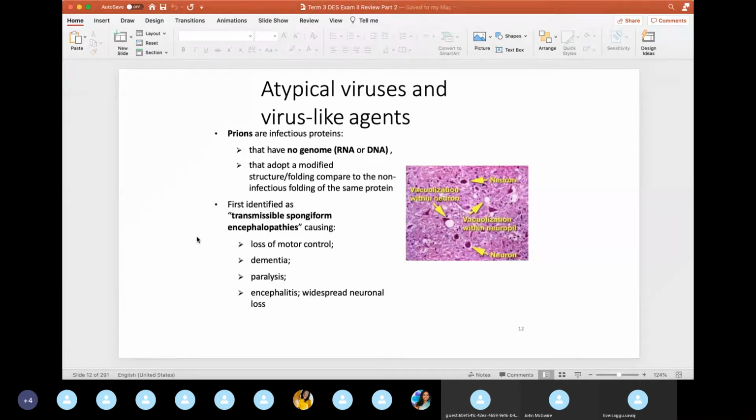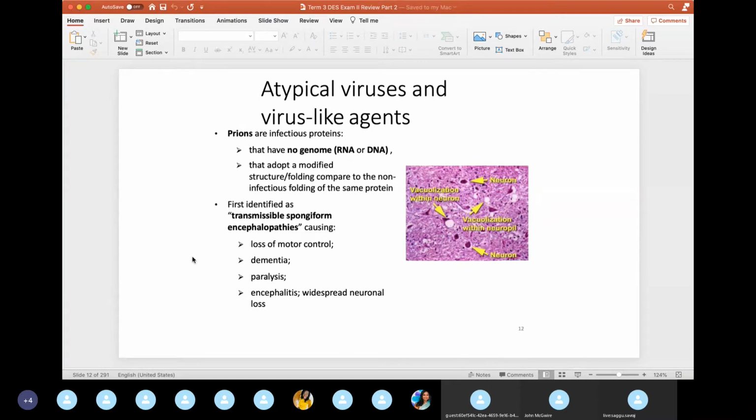Prions. Prions are infectious proteins. They have no genome, RNA, or DNA. They induce the transformation of your proteins from alpha helix to what? Beta pleated sheets. If they accumulate, they form vacuolization within the neurons.